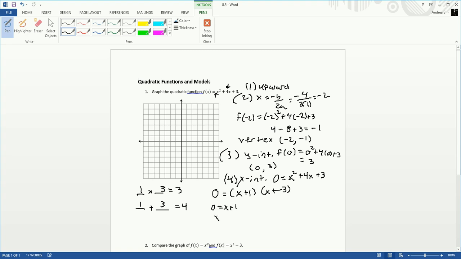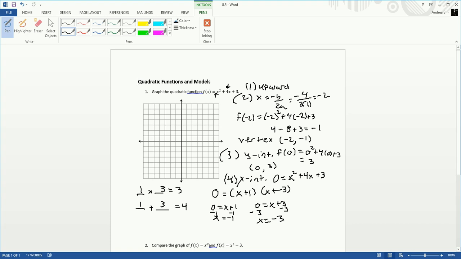Here we get x equals negative 1 by subtracting the 1 on both sides of the equation. Similarly, we'd have 0 equals x plus 3, and subtract 3 from both sides. So our other x-intercept is going to be at x equals negative 3. So those are our x-intercepts.